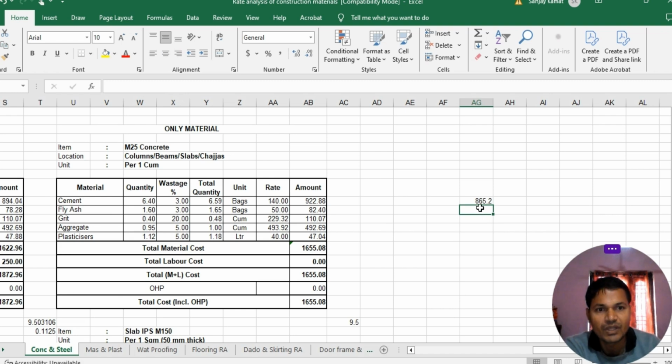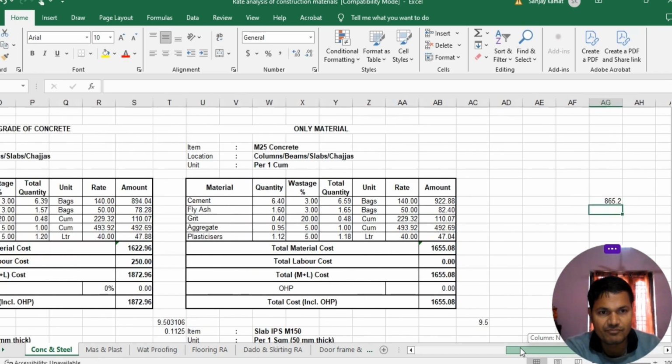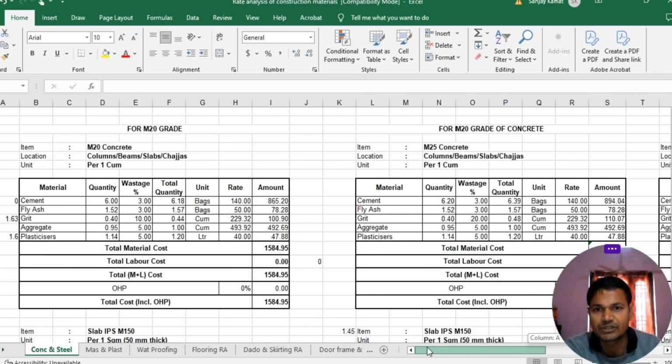As you can see, 865.2 is coming. You can do it on the right hand side in the space. So 865.20, in this way this amount came after calculation.